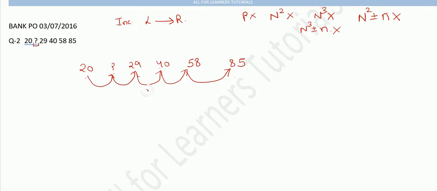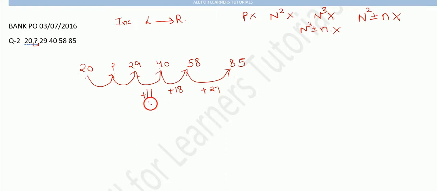Difference is 11 plus 18 plus 27. Are you getting any relationship? What I said, if you are not able to find any relationship, just consider the factors as a series only. Okay, so let's just consider this is a series.